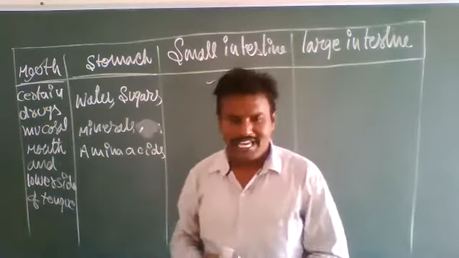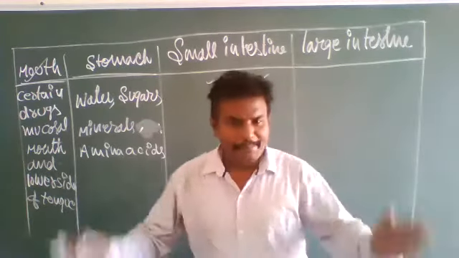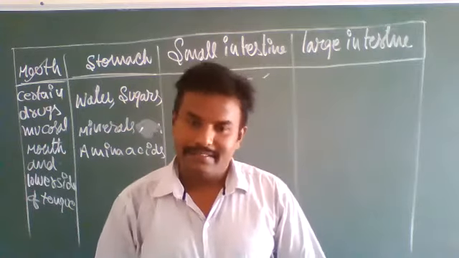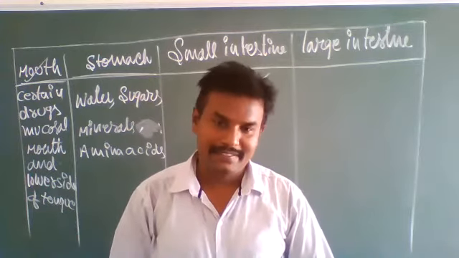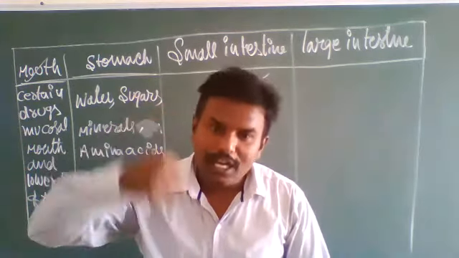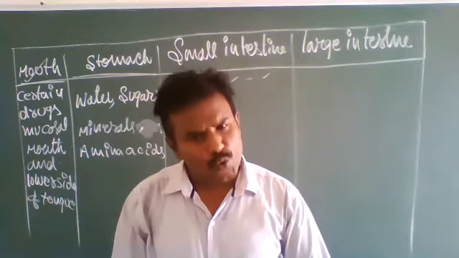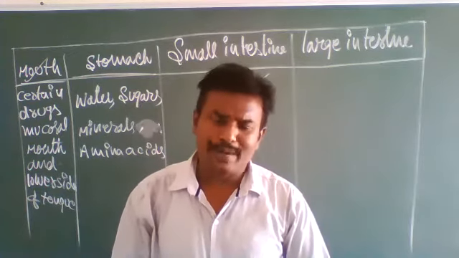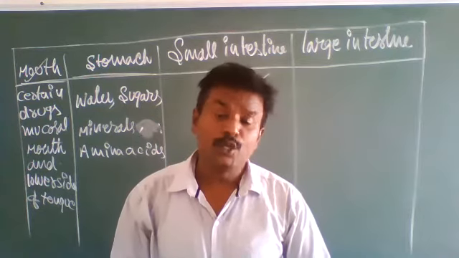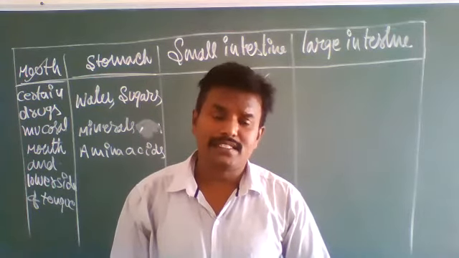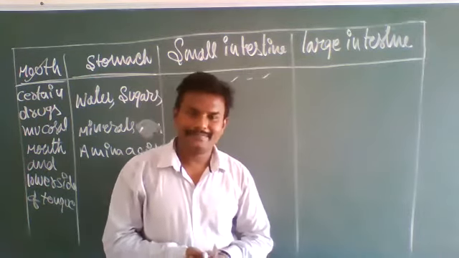Among all these parts, the major digested food materials are absorbed in the small intestine. That is glucose, fructose, lactose, maltose, galactose, sucrose, amino acids, electrolytes, etc.